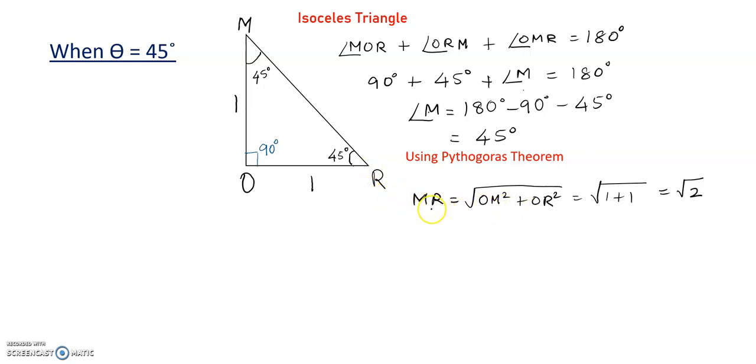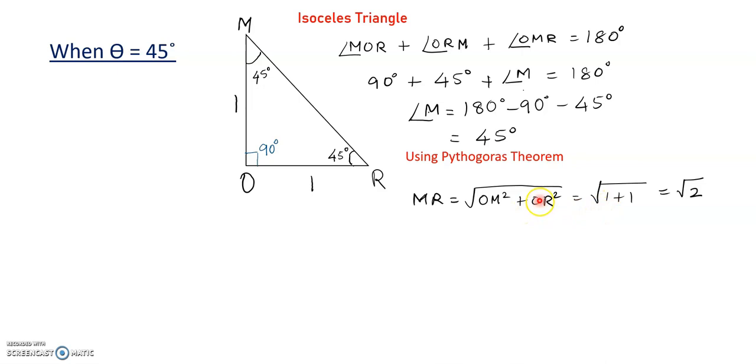So you have MR equal to the square root of OM squared plus OR squared. What is OM squared? OM is 1. So if you put the value of 1 over here, 1 squared is 1.